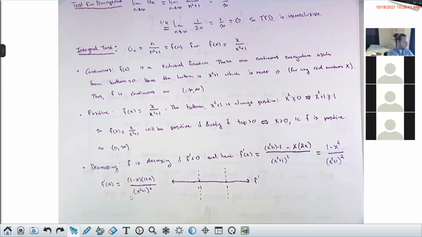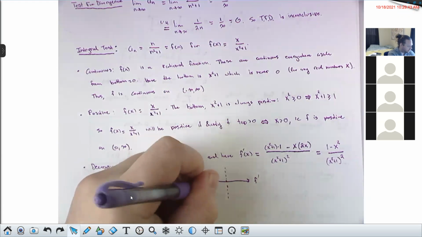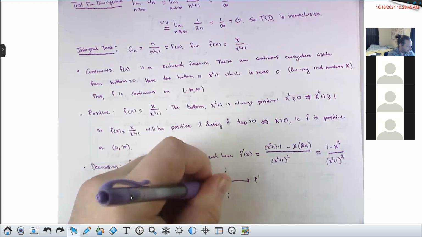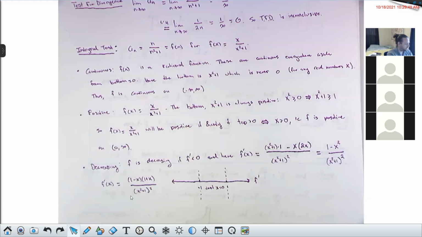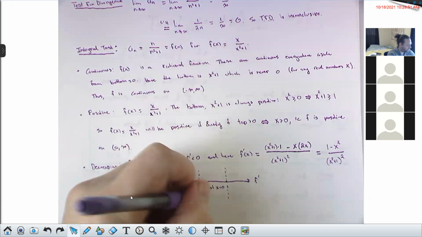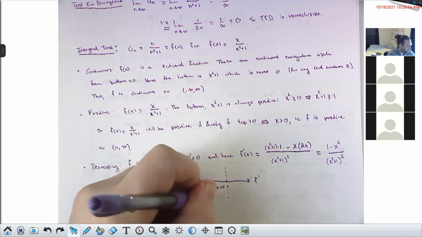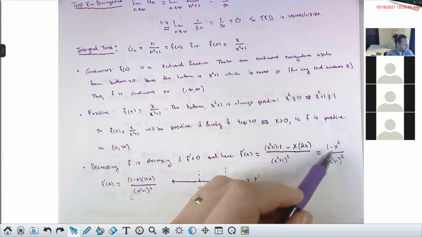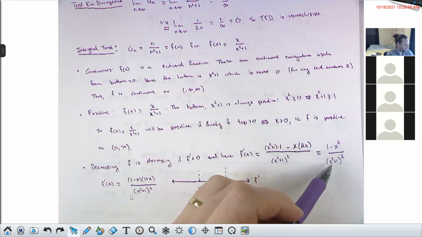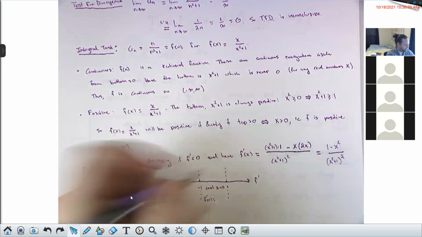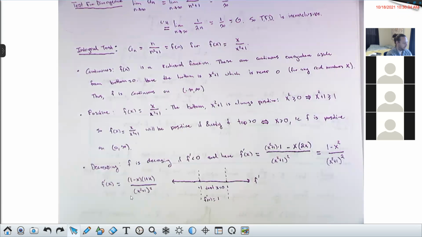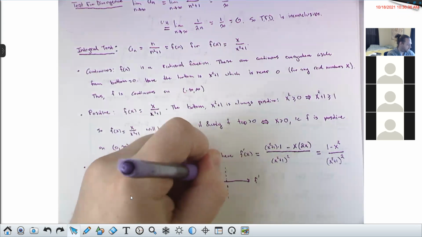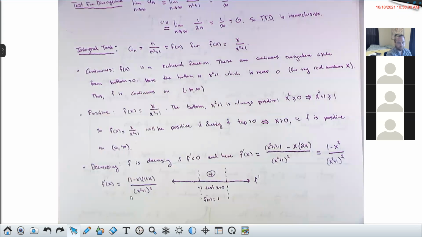If I plug in x equals 0, what is f prime of 0? It's probably easier to see here. f prime of 0 is 1 minus 0 squared over 0 squared plus 1 all squared. That's 1. So my derivative is positive between negative 1 and 1.